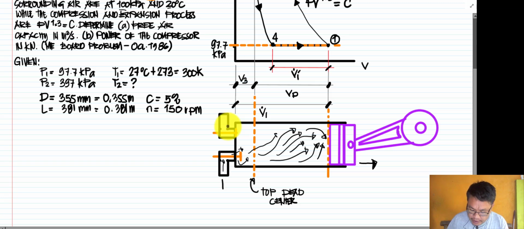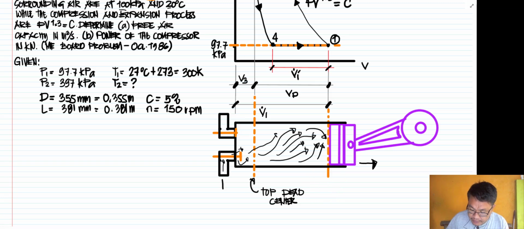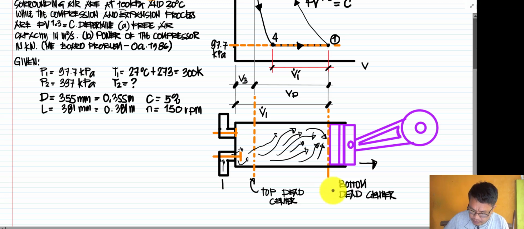Then we also have here below the bottom dead center, which is the lowest part that the piston can move down. So you have here the rotation of your crankshaft. We have your crankshaft and your connecting rod of the compressor.